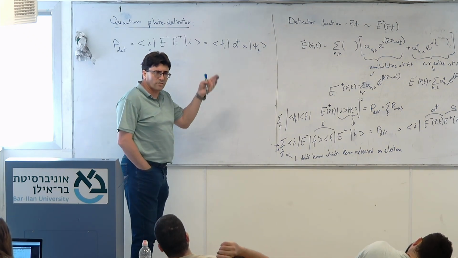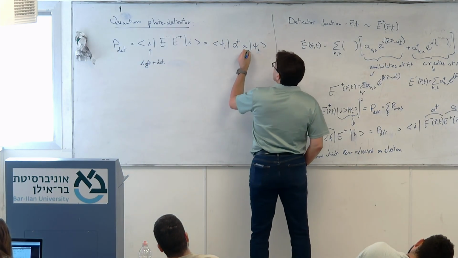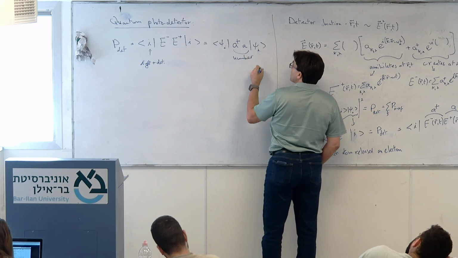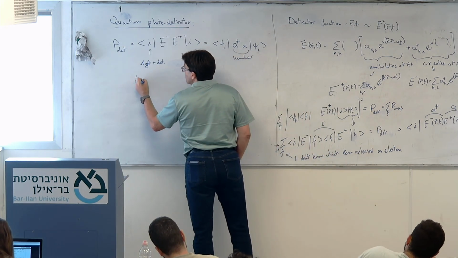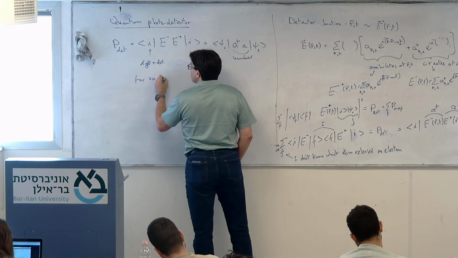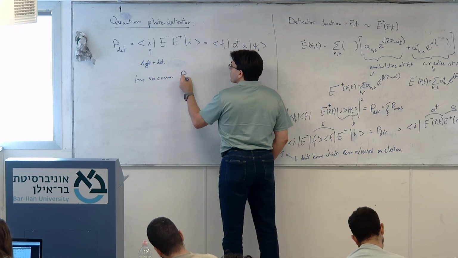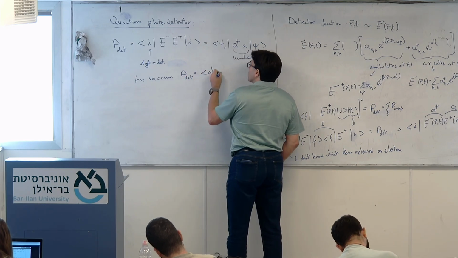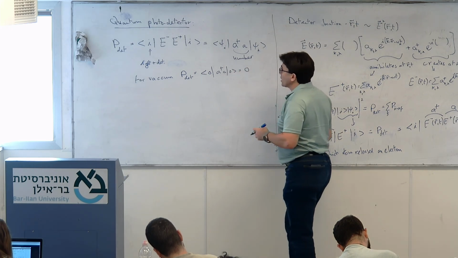There's a proportionality factor. But that is the number. And indeed, for vacuum, the detection is 0, A dagger A, 0, and that is 0. You will never detect.